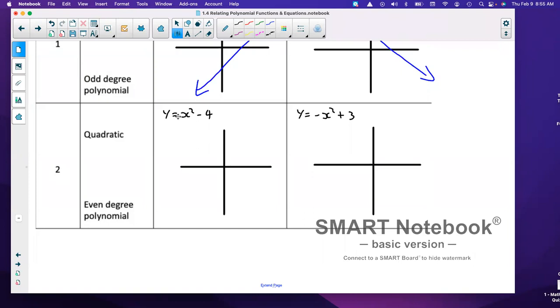If there was a positive in front, they open upwards. So this graph would look something like this. Now with quadratics, if our a value in front, our leading coefficient, is negative, they open downward. So this one would look something like this. So next we will start looking at some ones that you have not dealt with in previous grades yet.